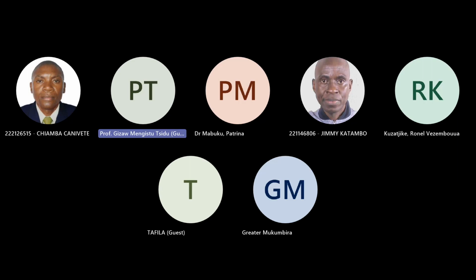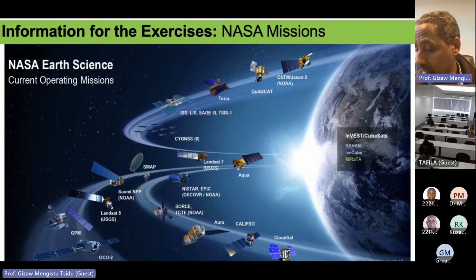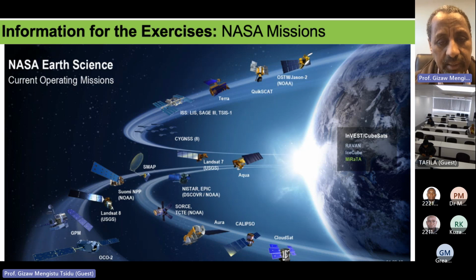Information that will help you in your exercise. When it comes to observation of the climate system, including the water sector, a lot of information nowadays is coming from satellites, and there are a lot of satellites out there in space, and the data are actually available to all of us.